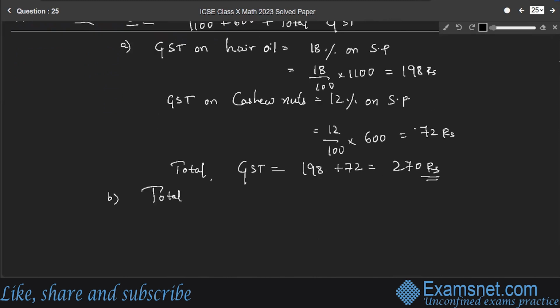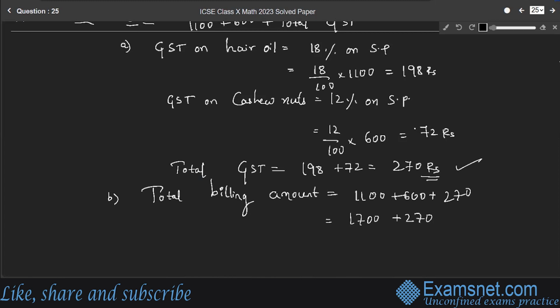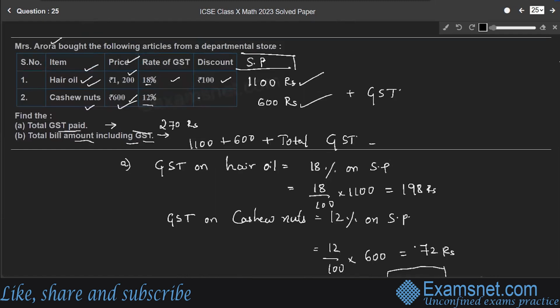So 1100 plus 600 plus total GST of 270 rupees. It is 1700 plus 270, so 1970 rupees. Therefore, the total billing amount is 1970 rupees and the total GST is 270 rupees.